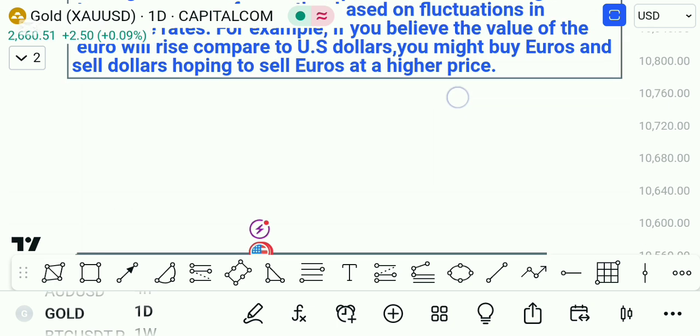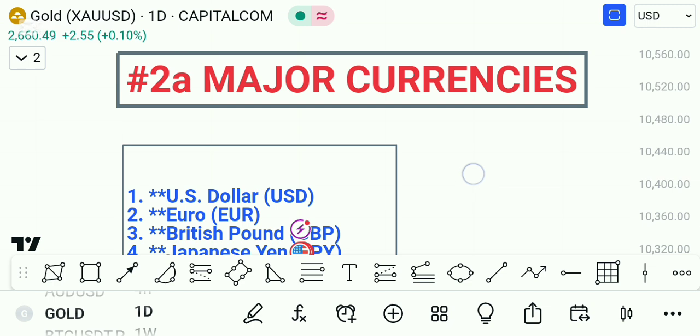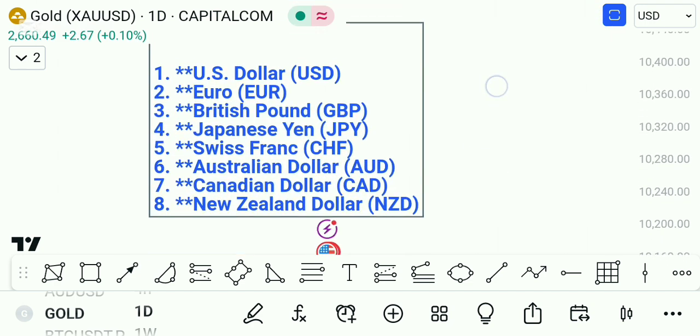And the next thing we need to check for the basics is the major currencies, 2A. Since the forex market has to do with buying and selling of currencies, now we have major currencies and exotics. Guys, follow me gradually. The major currencies, look at them, are 8 in number.